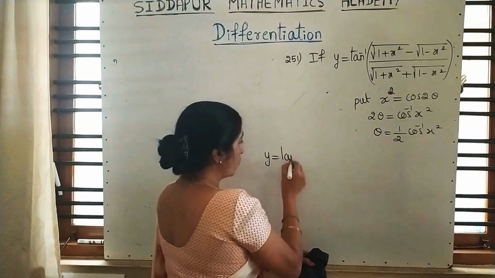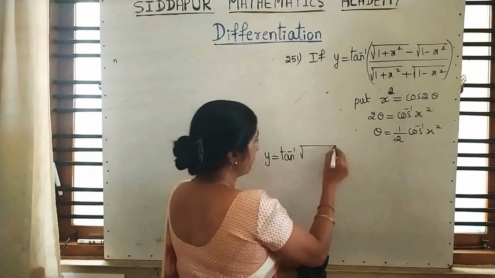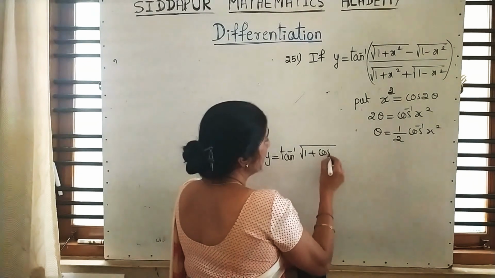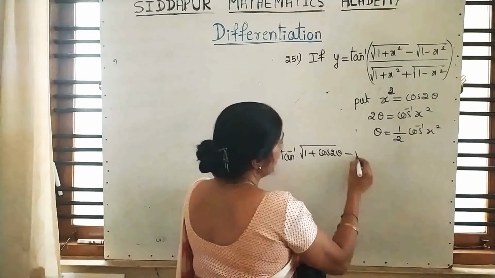Y is equal to tan inverse of (root of 1 plus cos 2 theta minus root of 1 minus cos 2 theta) upon (root of 1 plus cos 2 theta plus root of 1 minus cos 2 theta).